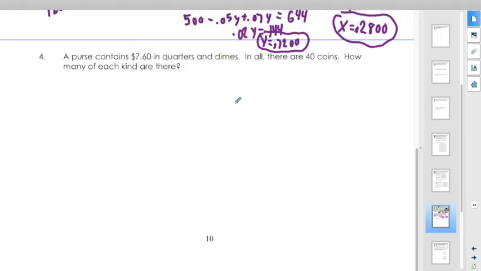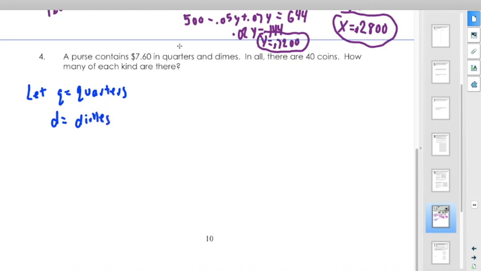Not a huge deal. We just got to set up a system of equations. Again, how many of each kind are there? So we have quarters and dimes. Let's make our let statement. We want to figure out how many of each coin there are. So let Q equal quarters and let D equal dimes.